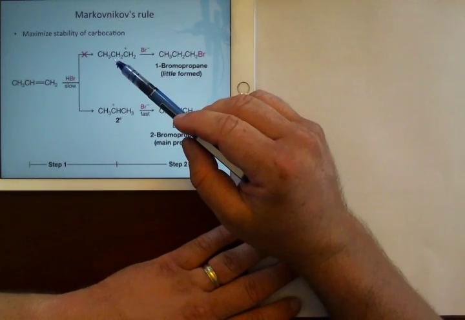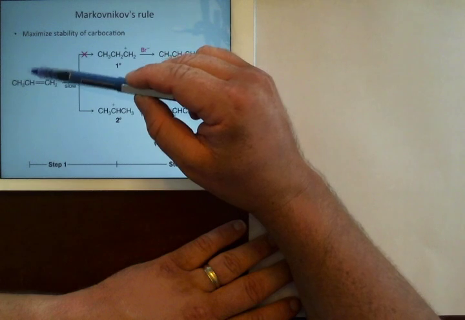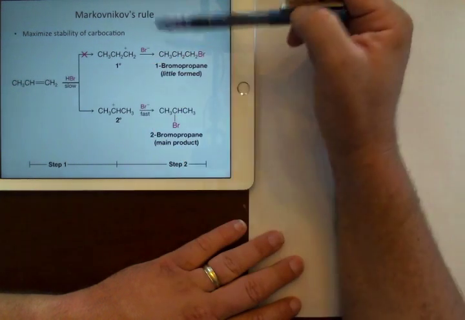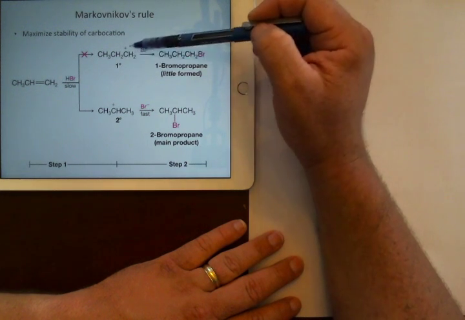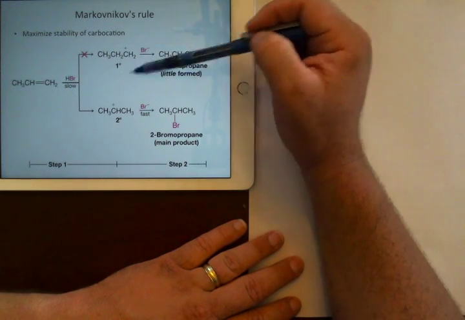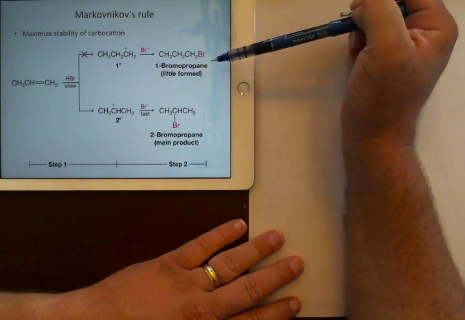The reason for this is that it's all about stabilizing that carbocation. If the hydrogen goes on the left side of this double bond, you're going to be left with a primary carbocation. It's going to be unstable. There's just not going to be a whole lot of this around to make the 1-bromopropane.